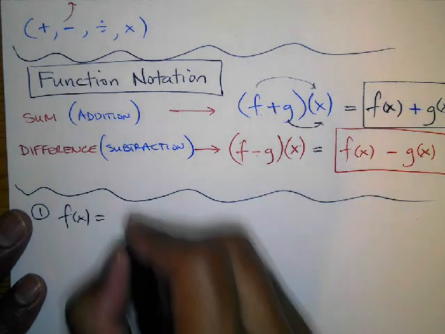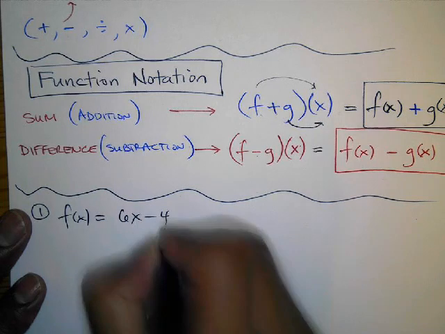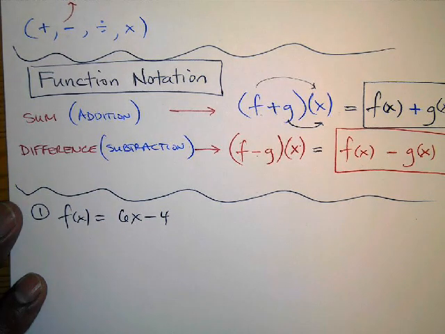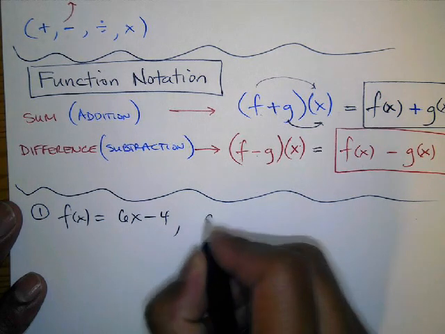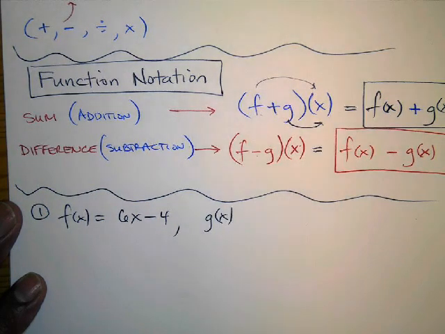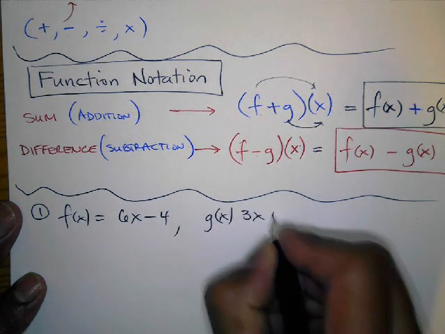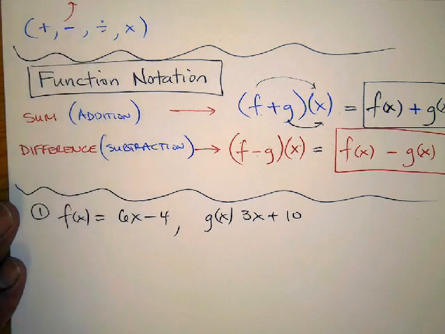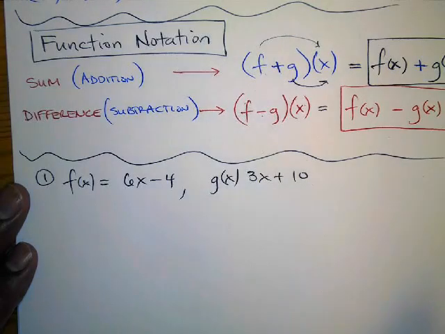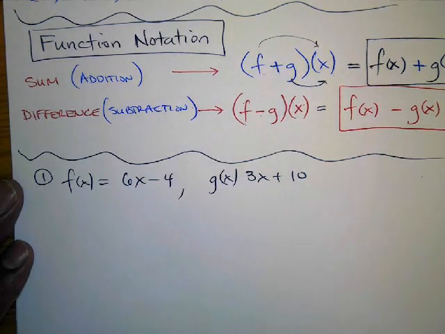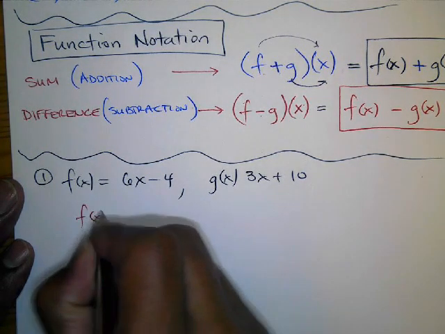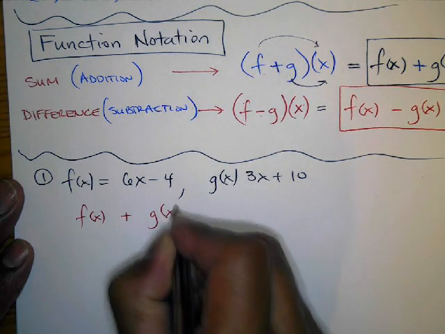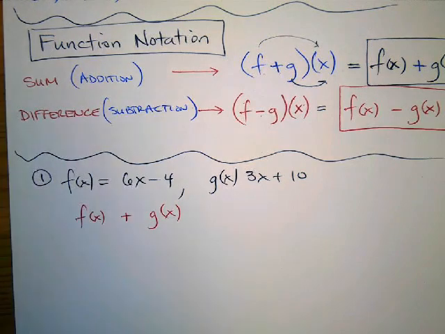Let's say they give you the function f of x is equal to 6x minus 4, and they gave you the function g of x is 3x plus 10. All right. If they make it pretty straightforward and don't use the function notation, you'll see a problem that says find f of x plus g of x.